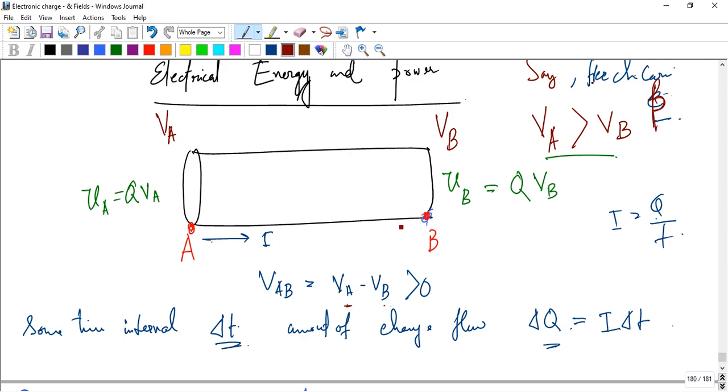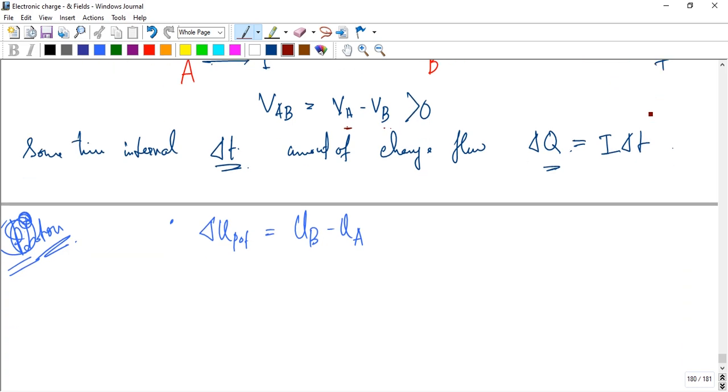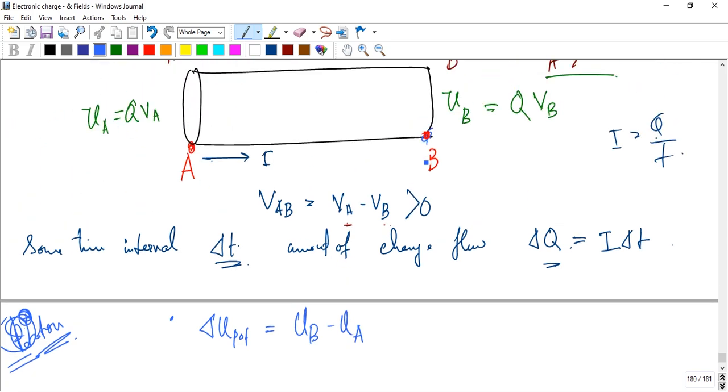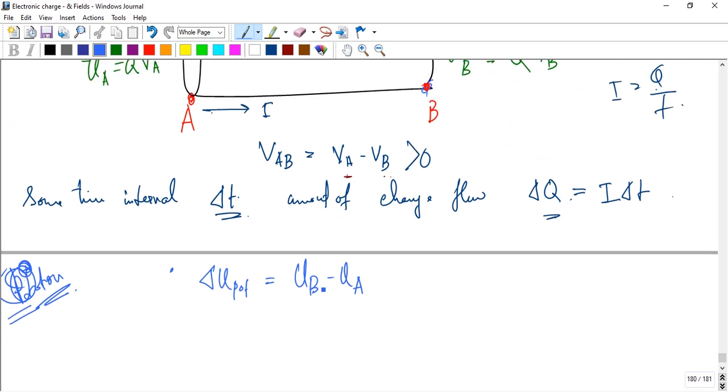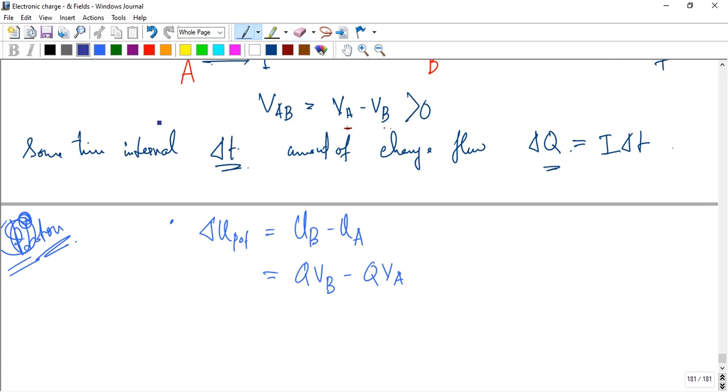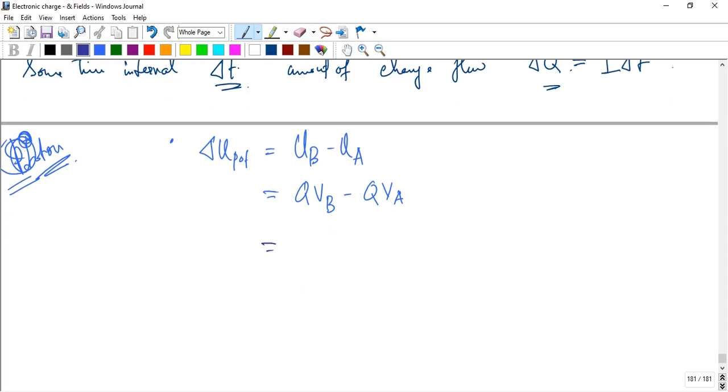So here if the free charge, we now choose the proton, the potential energy change is UB minus UA. Here UB minus UA is equal to QVB minus QVA. Okay, that's basic mathematics. So Q common, VB minus VA.